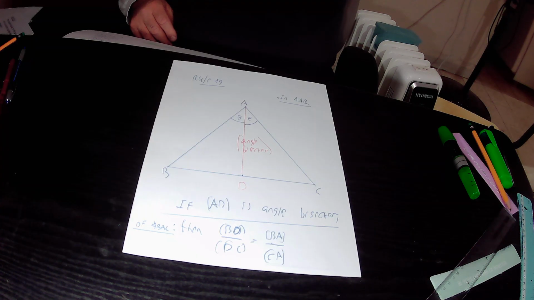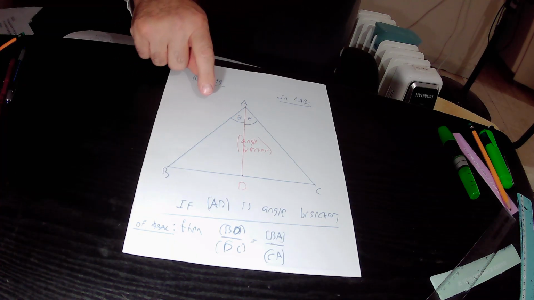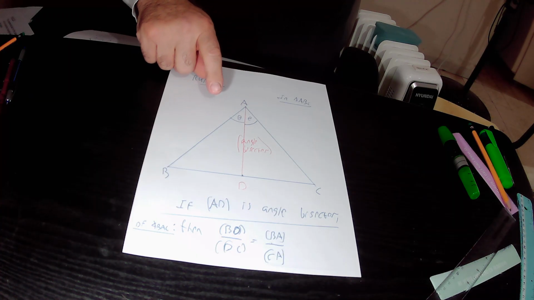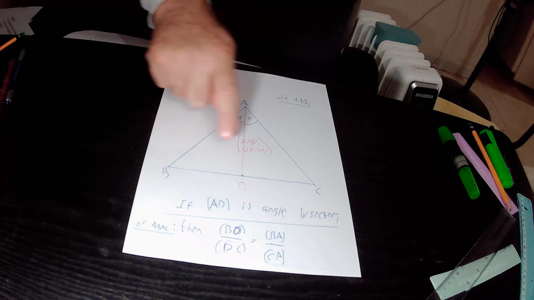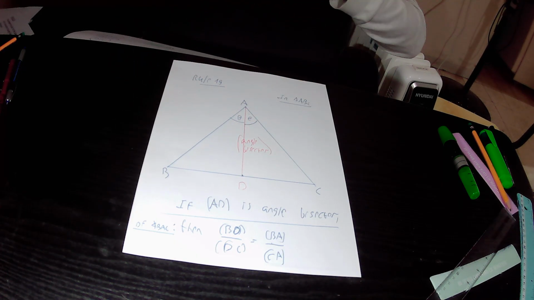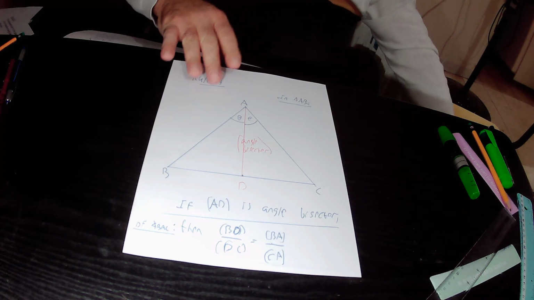So actually, the angle bisector theorem has two directions. The first direction says that if AD is the angle bisector of triangle ABC, then AD divides the sides of triangle ABC proportionally. That is to say, BD over DC equals BA over AC. The converse of the angle bisector theorem is rule 21.